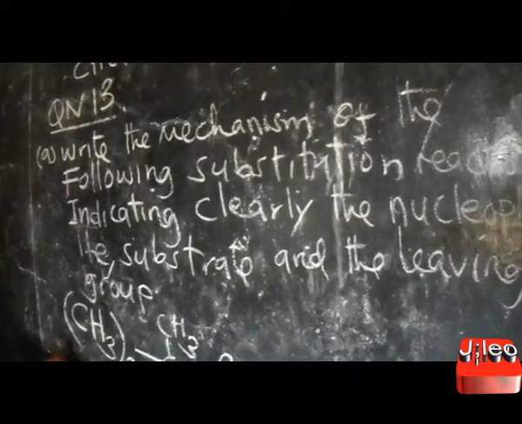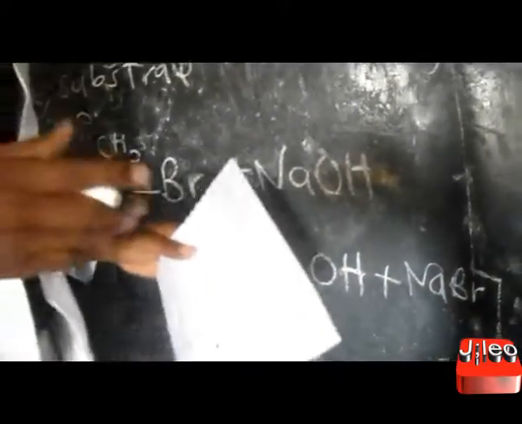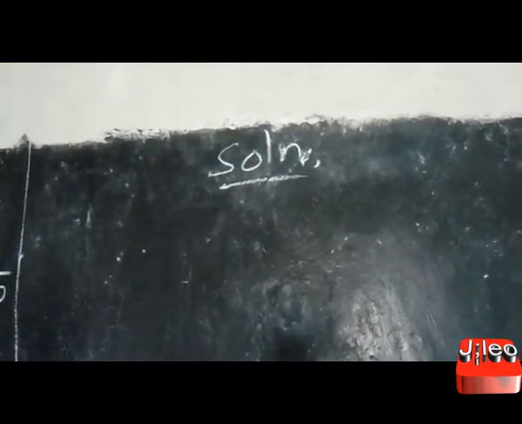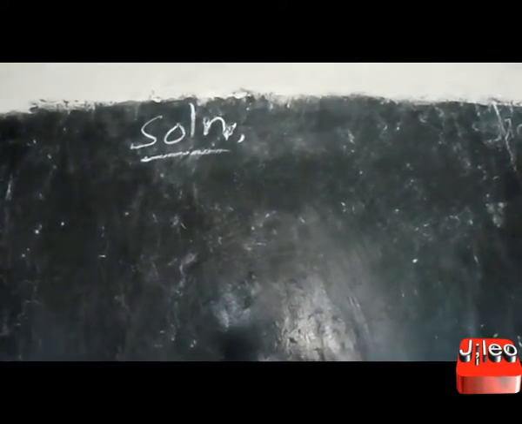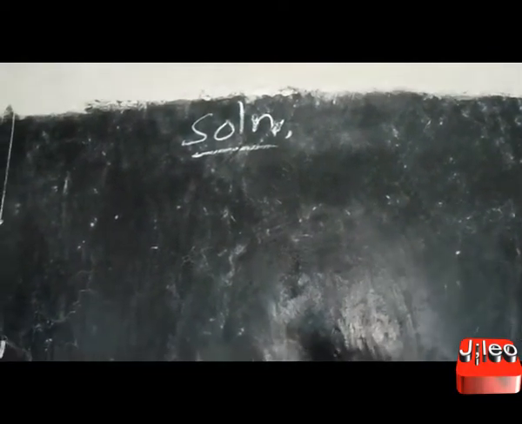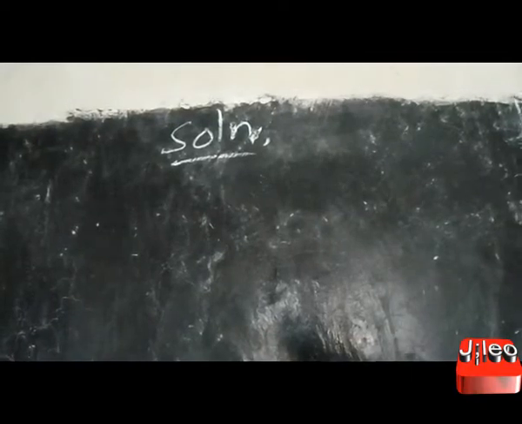As you can see this equation here. So now, first of all, what we have to know is this one, the solution. The first issue we have to know is to identify an electrophile and a nucleophile before doing anything.